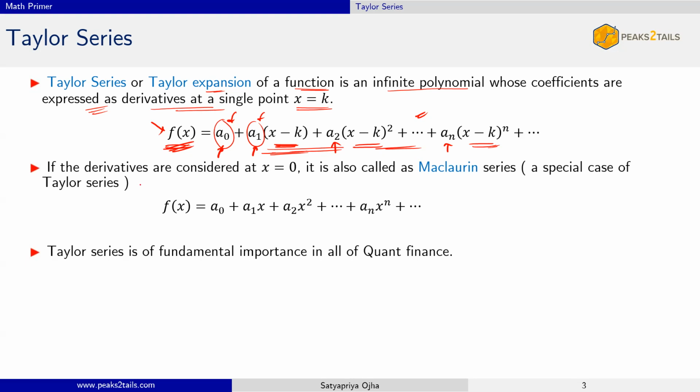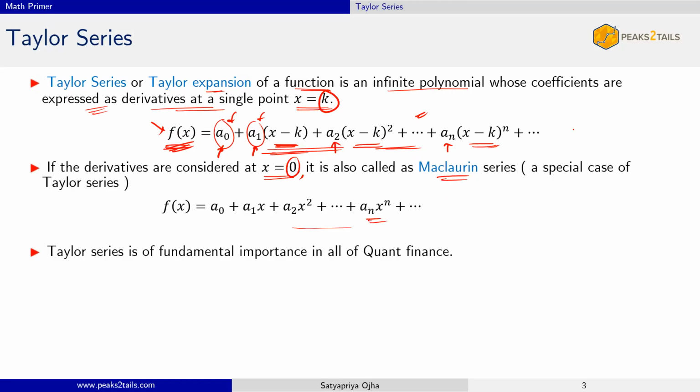Now, as I mentioned, if you are trying to expand at x equal to 0, that's a special case. So k is 0. Then you get a0 plus a1x plus a2x squared, and so on. This is called the Maclaurin series, which is a special case of Taylor series. Maclaurin series came after Taylor series.